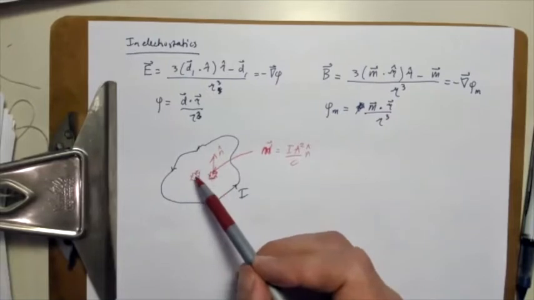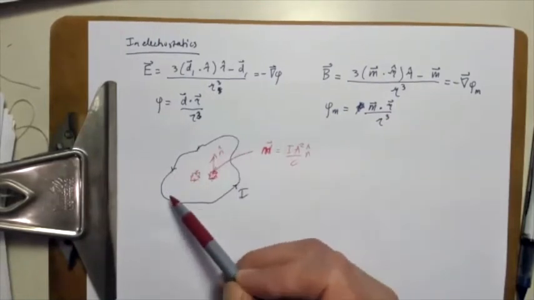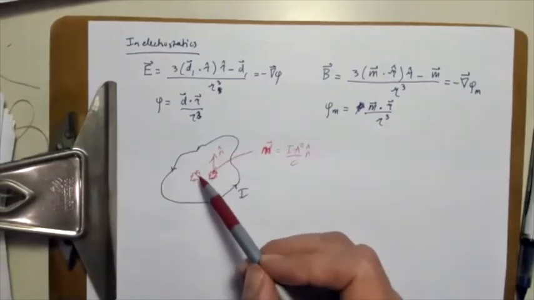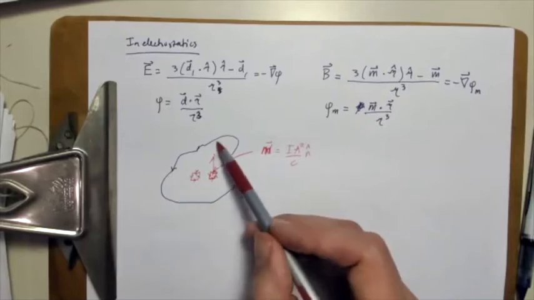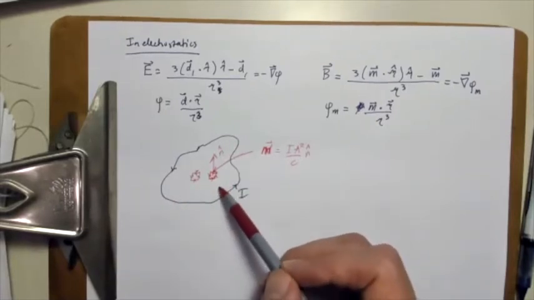So it makes sense to split up this current carrying loop into tiny little patches. But the question is, what do we do with these wires that seem to have currents somewhere on the interior of this loop that are absolutely not present?